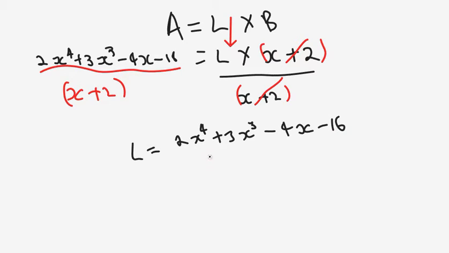And don't forget that it is divided by what we divided with on both sides in the previous step, x plus 2. So I hope Chloe is happy so far.